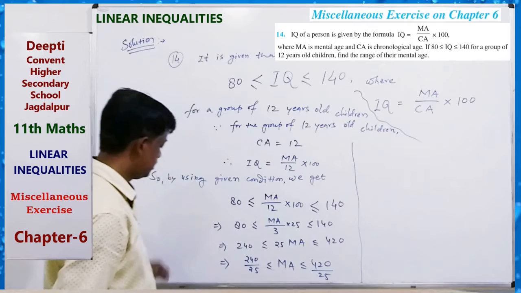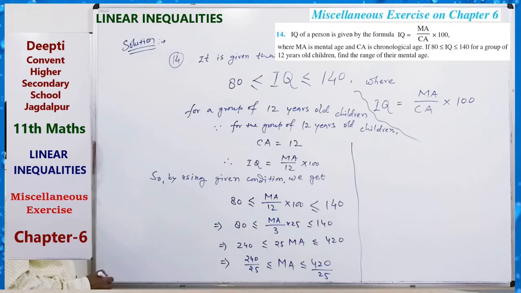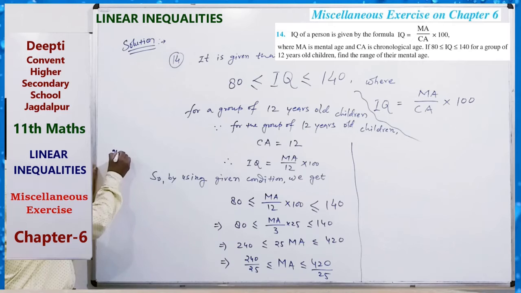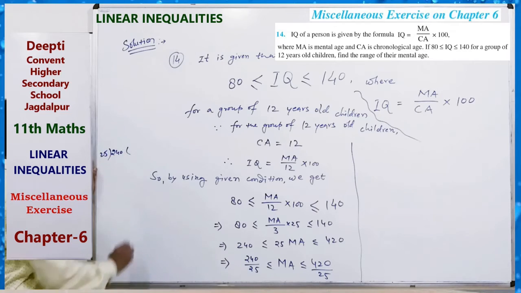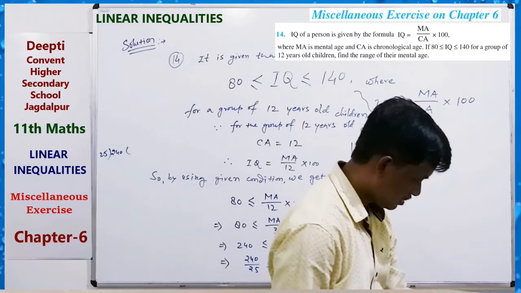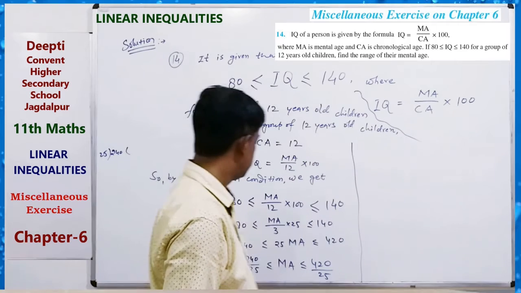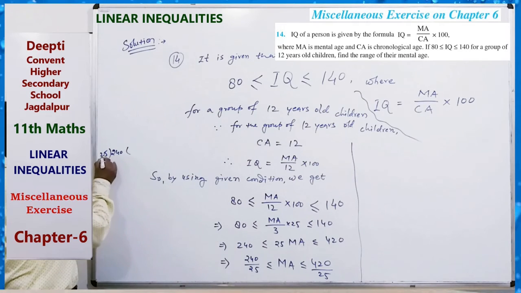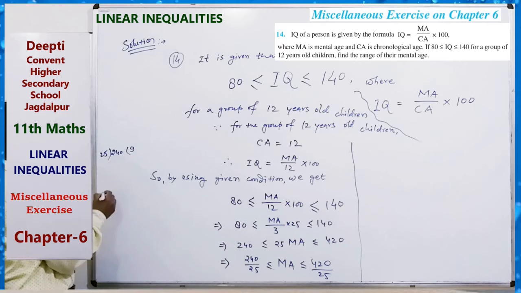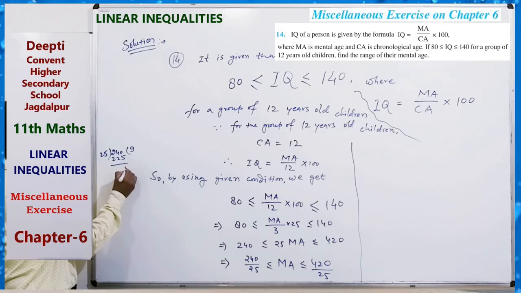So 240 divided by 25, I think the value will be 9.6.